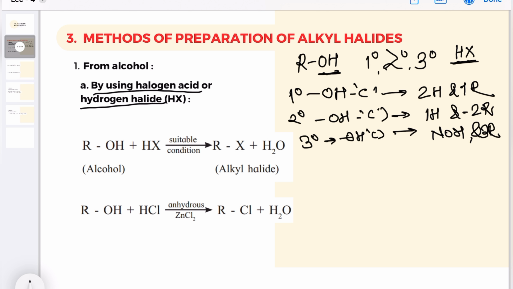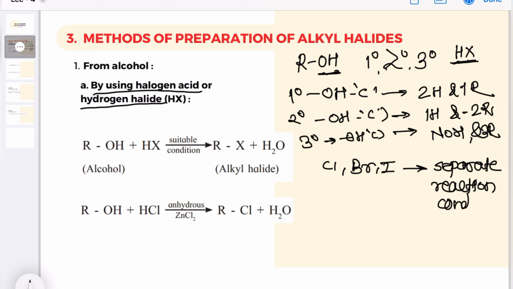In this reaction there are different conditions for obtaining different types of alkyl halide. For chlorine, bromine and iodine, there are separate reaction conditions, because the alcohols used are also separate.